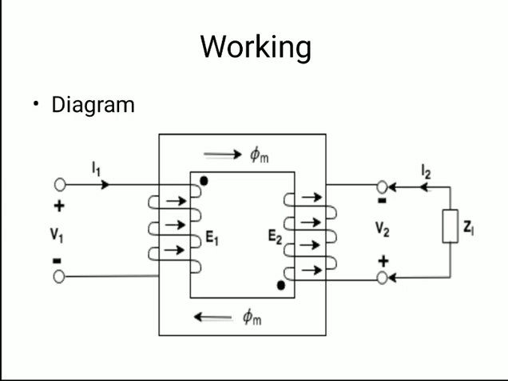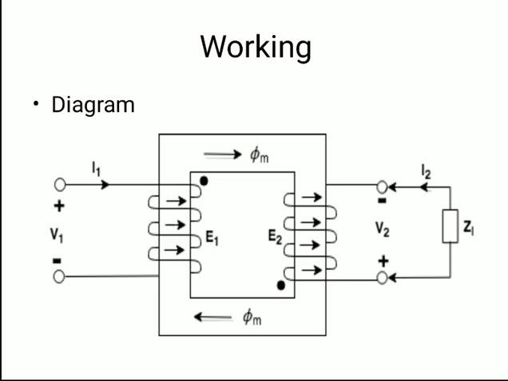The EMF which is induced is E1. Now, when we give the supply, the flux will be generated and will travel through the core from primary to secondary. I am repeating once again.